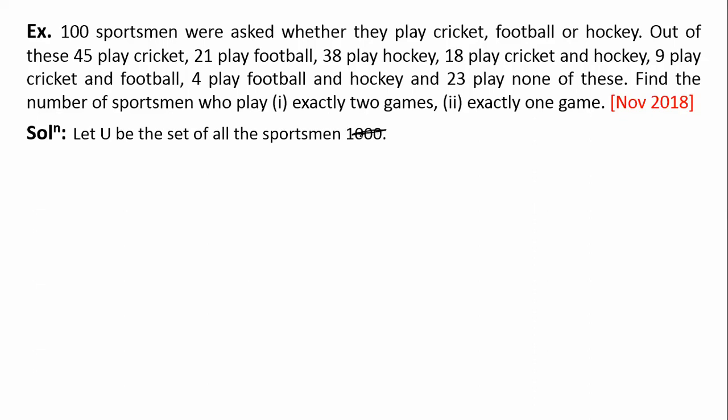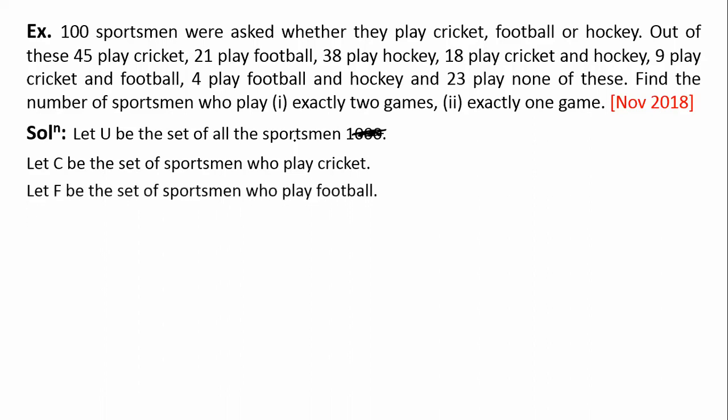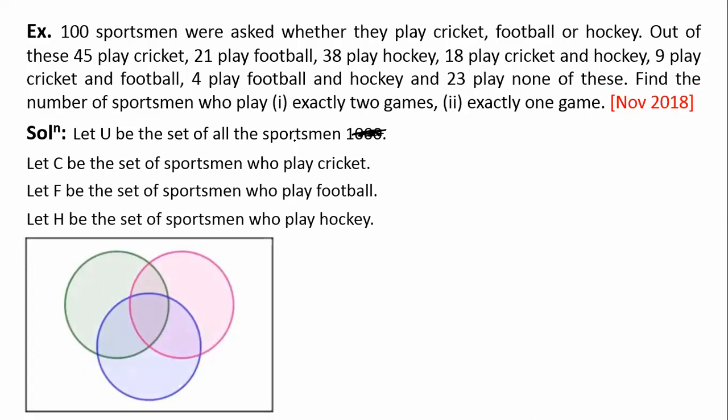So here, let C be the set of sportsmen among these 100 who play cricket, F be the set of sportsmen who play football, H be the set of sportsmen who play hockey. And here we have a Venn diagram representing the same.